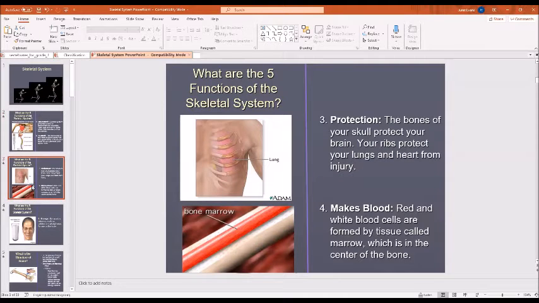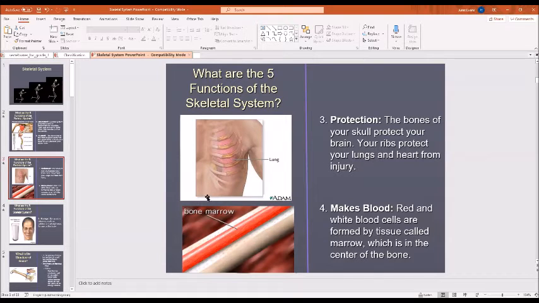All right, another thing the skeletal system helps us with is that it protects our body. This is another one that we talked about inside class. For example, this picture here is showing the rib cage, and of course, it's going to protect vital organs such as the lungs and the heart. The reason why these organs need protection, like I said, is that they are vital organs.